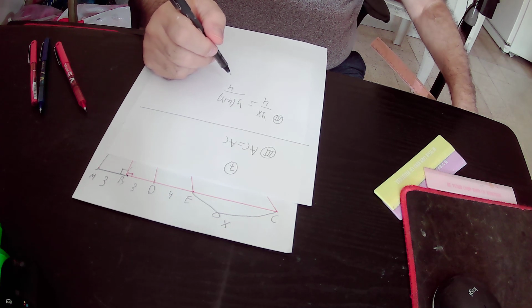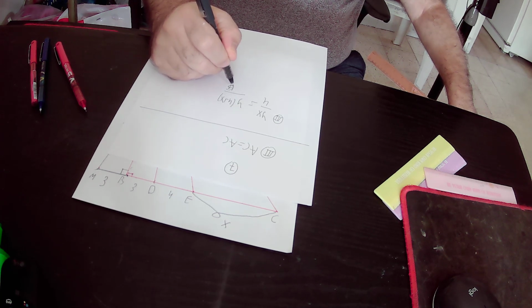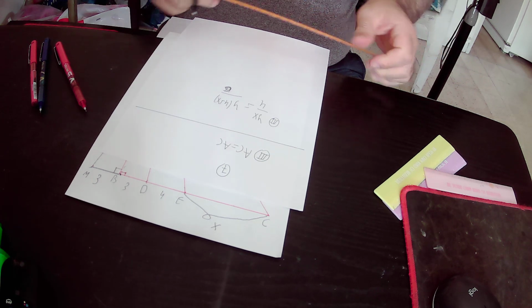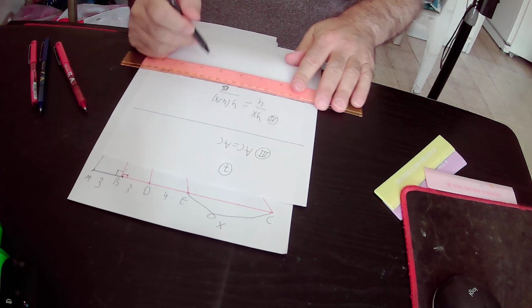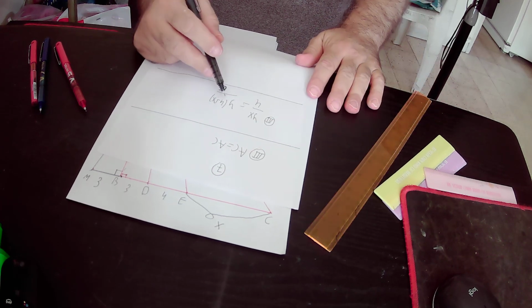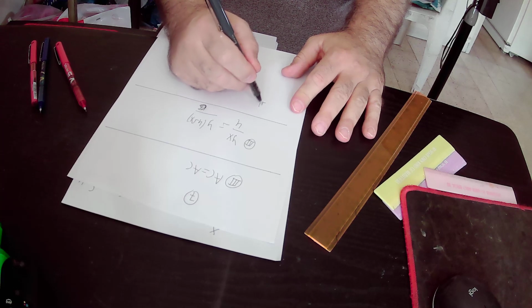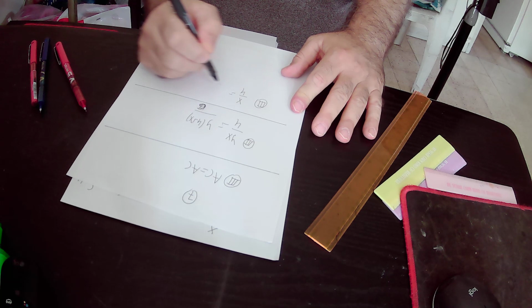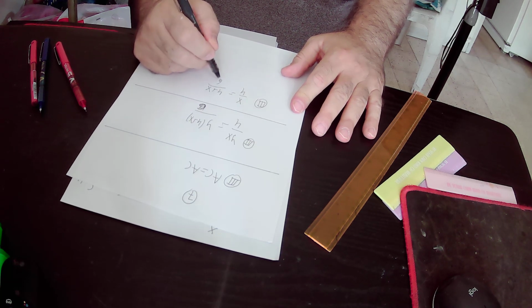AC according to equation number 2 is Y times 4 plus X over 6. Here we will divide equation number 3 by Y, and we get that X over 4 equals 4 plus X over 6.